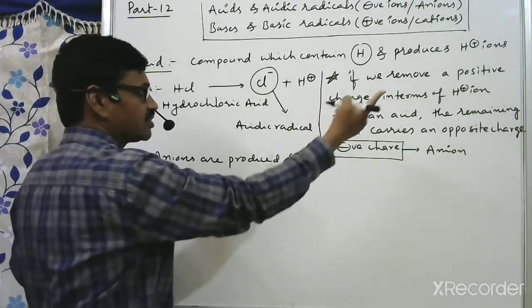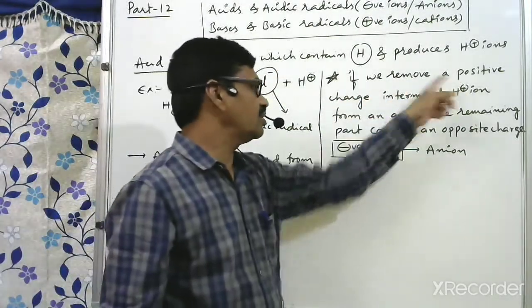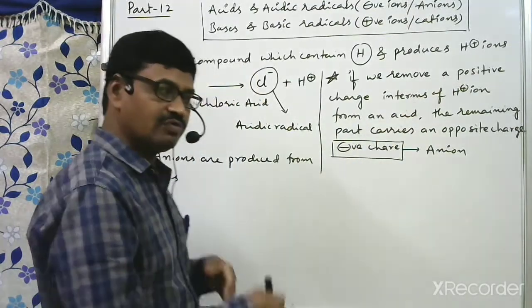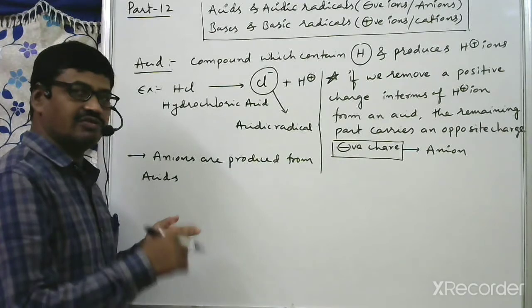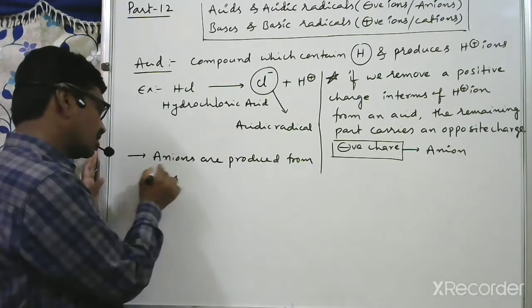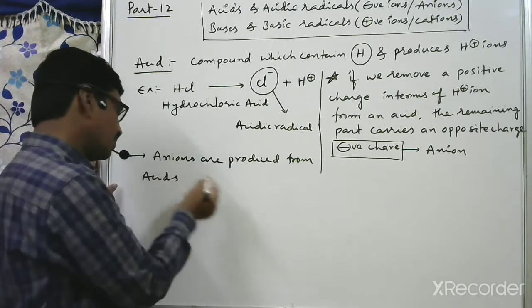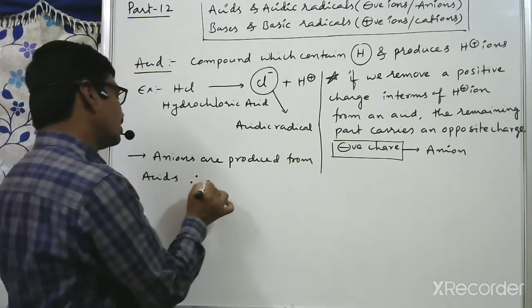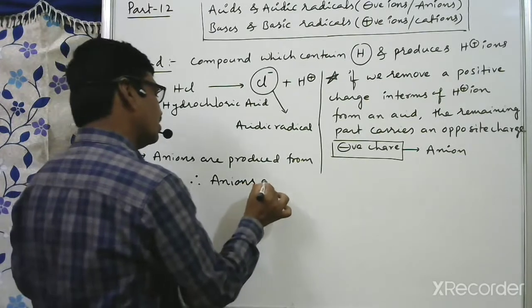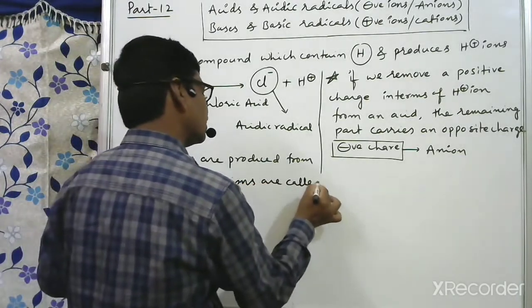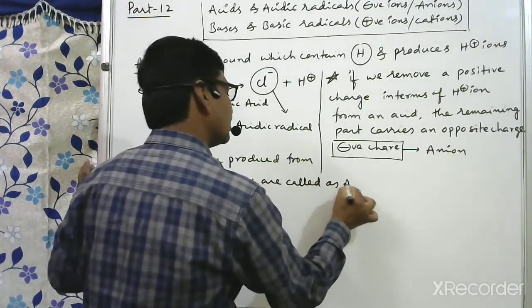If it produces H plus ion, it means indirectly we are removing one positive charge. We are removing one positive charge, so the remaining part carries one negative charge. So a negatively charged ion is nothing but an anion. So anions are produced from acids. Therefore, anions are called acidic radicals.